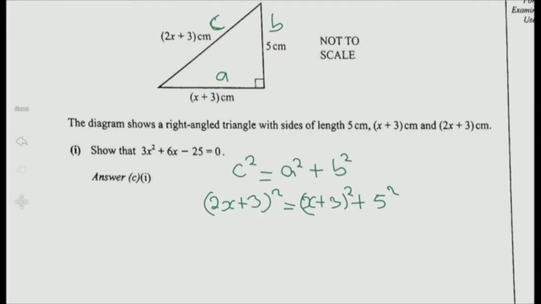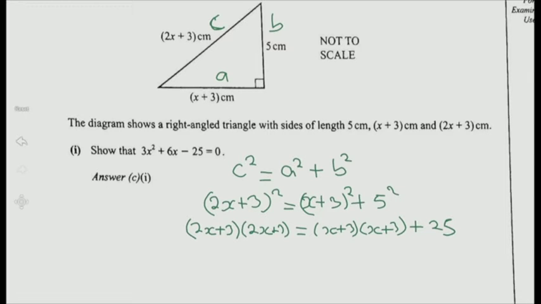Now, removing these brackets, your 2x plus 3 squared, you expand it. So it's 2x plus 3 times itself, which is 2x plus 3, equal to, expanding that, x plus 3 multiplied by x plus 3, and working out 5 squared, we get 25.